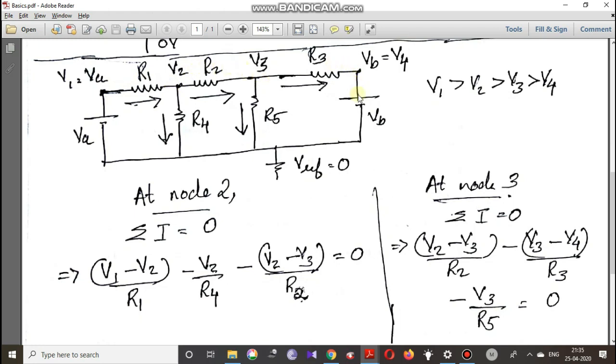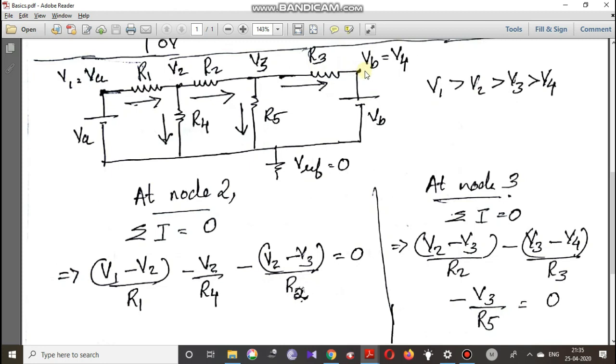The first step of nodal analysis is to mark all the nodes in the circuit. As I told earlier, a node is a junction, a point where two or more circuit elements meet each other. So here this is our first node, this is the second, this is the third, and this is the fourth node.